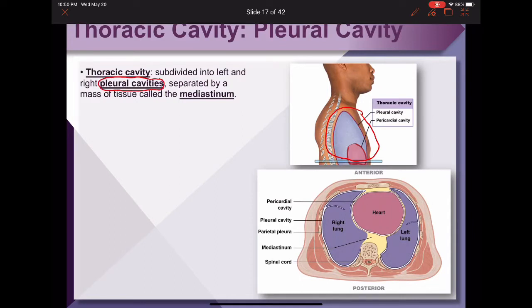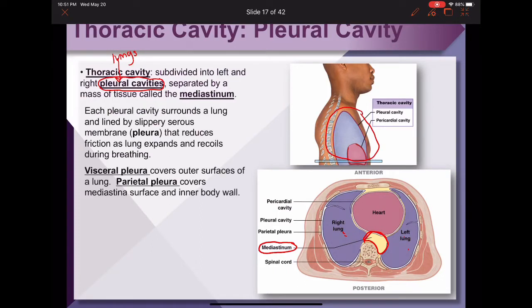Here's another good word to remember: whenever you see pleural, that means lungs. These are the cavities where your lungs reside. A serous membrane that wraps around the lungs is called visceral or parietal pleura. Your lungs are separated by another mass of tissue called the mediastinum. This area right here is the mediastinum that separates your left and right lungs.